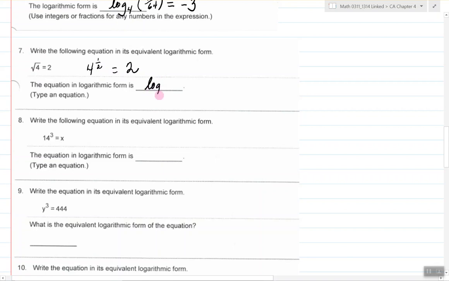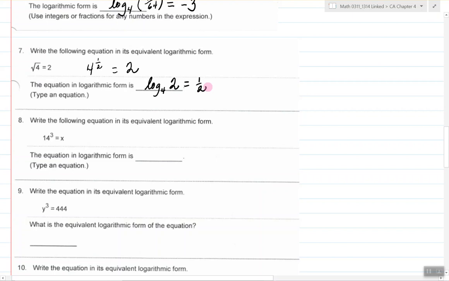Oops, I'm sorry, I just did all of that wrong. Log, the base is 4, of 2 is equal to the exponent 1/2.